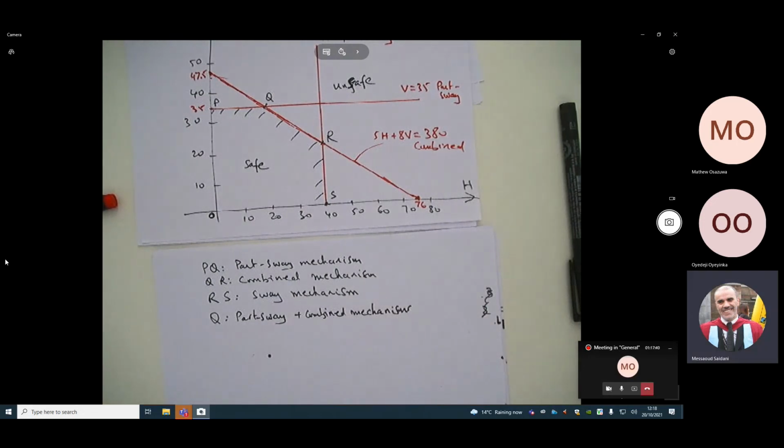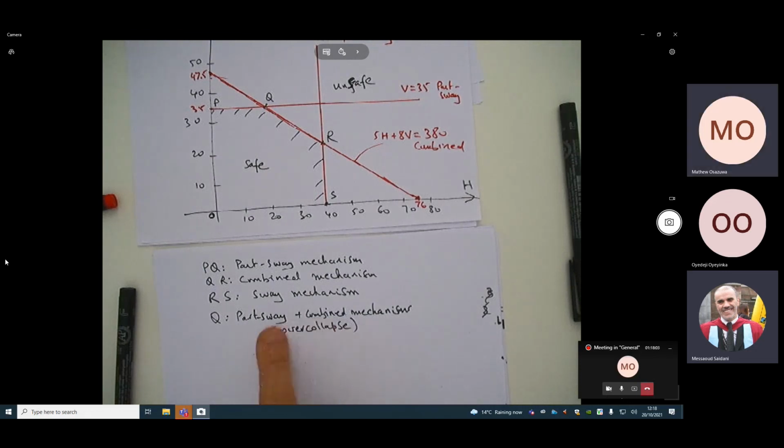When we say both of them, this point Q corresponds to what we call an over collapse. Why is it an over collapse? Apart from the fact that it's a part sway and combined together, why is it an over collapse?